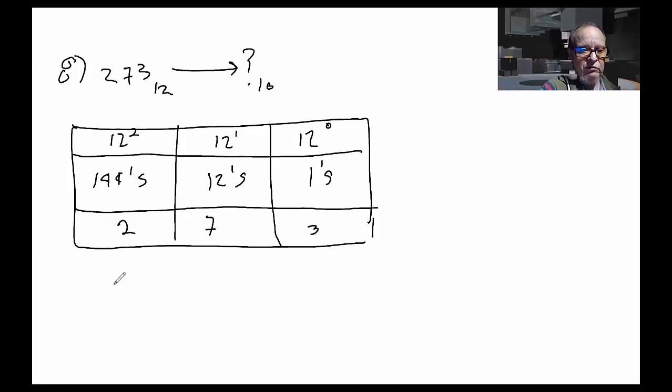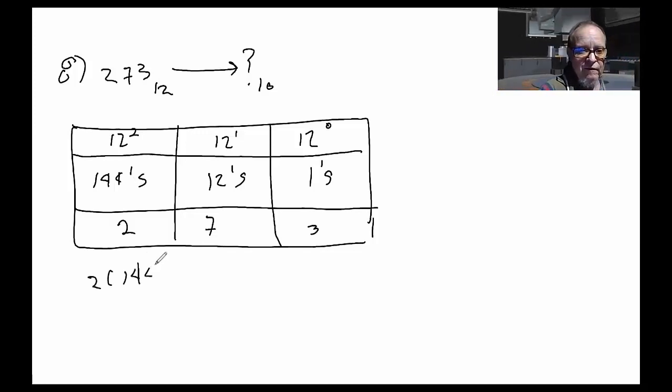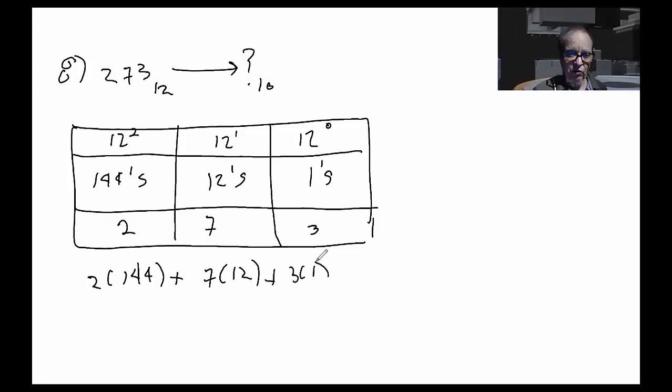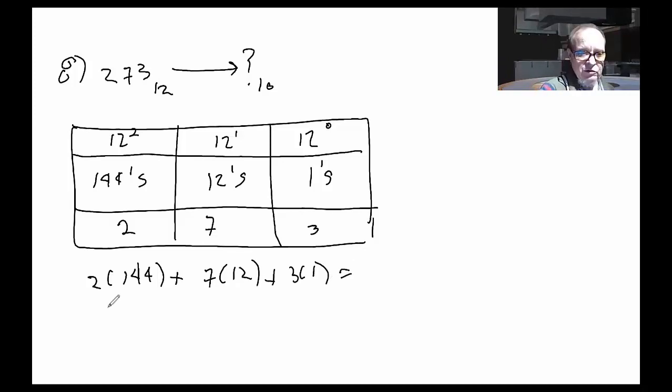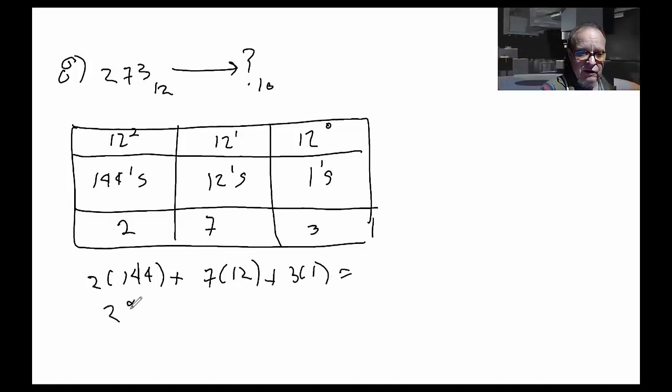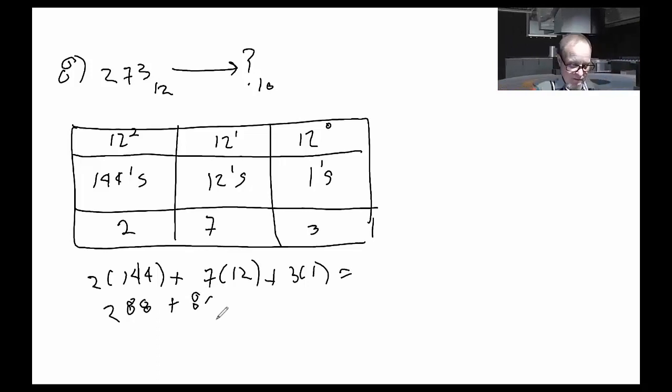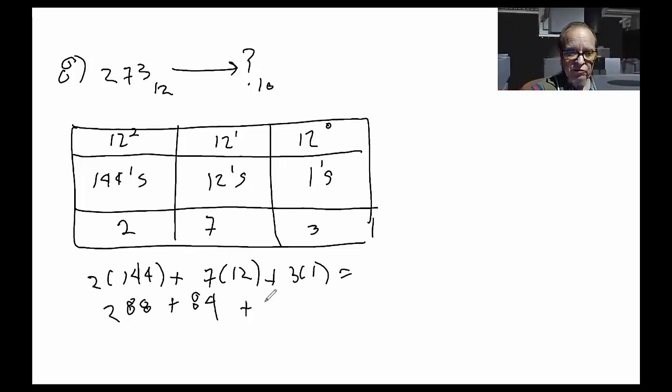So now we multiply 2 times 144, plus 7 times 12, plus 3 times 1. And that's equal to 288 plus 84 plus 3.